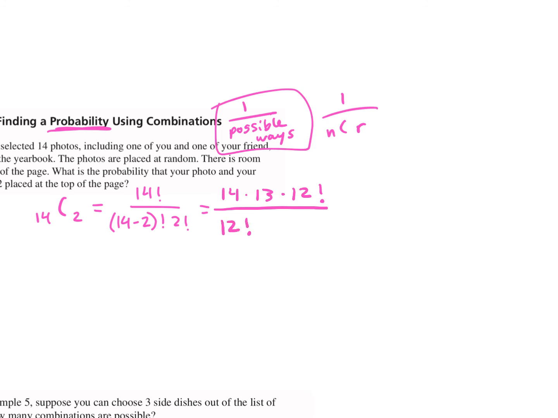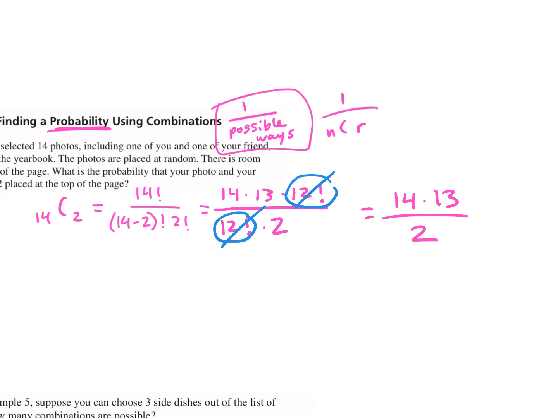So I know that this 12 factorial here and this 12 factorial here are both 12 times 11 times 10 times 9 times 8 times 7. And since I have one on the top and one on the bottom, they're going to cancel. And I also have 2 factorial, which is just times 2. So on the top, I'm left with 14 times 13, and on the bottom I have 2.